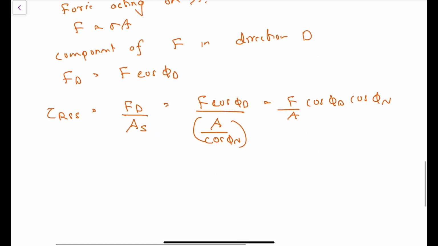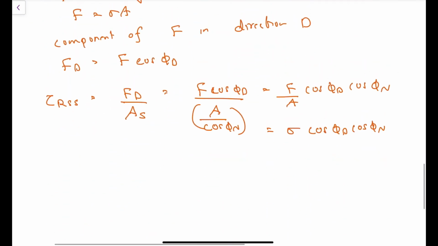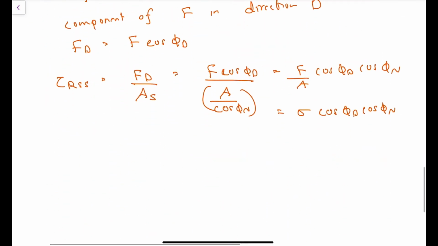Since F by A is sigma, tau RSS equals sigma cos phi d cos phi n. That is the resolved shear stress.